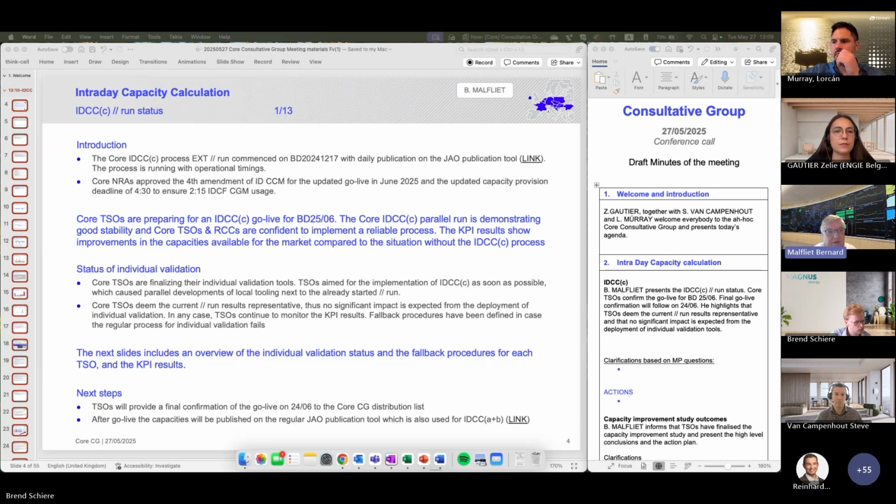Until now, capacity has always been delivered to the allocations, to the auctions, but this time it will be to the continuous trading.